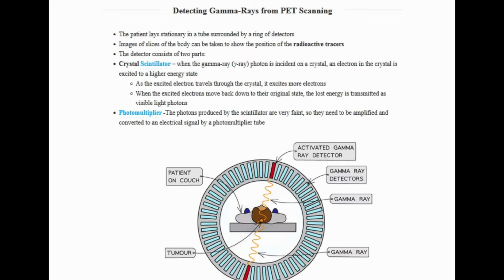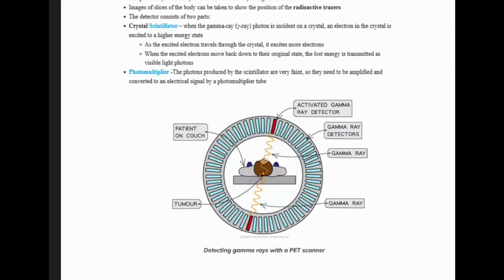Okay, so let's move on to the next point. The detector consists of two parts. So this is the detector, as you can see. All these are the detector. The detectors we put under two different names: gamma ray detectors in blue color, and activated gamma ray detectors in red color.